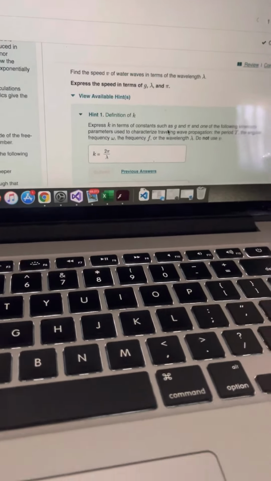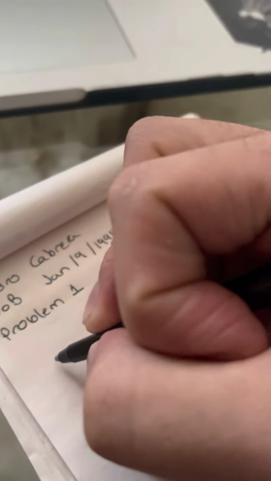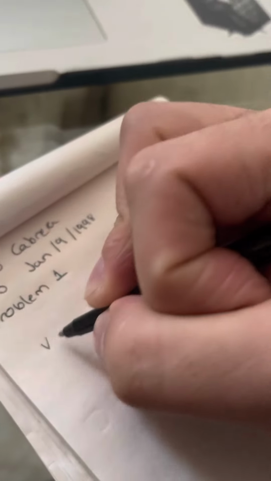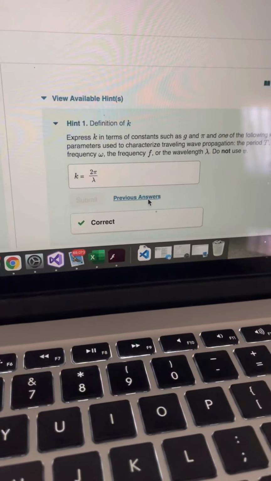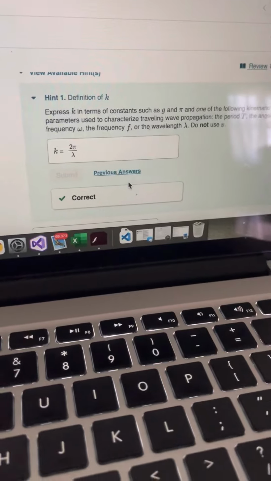So let's begin by writing v equals the square root of g over k. Since we can't have k, the wave number, in the answer, we're going to transform k into 2 pi over lambda, as given in the hint and through research in the book.